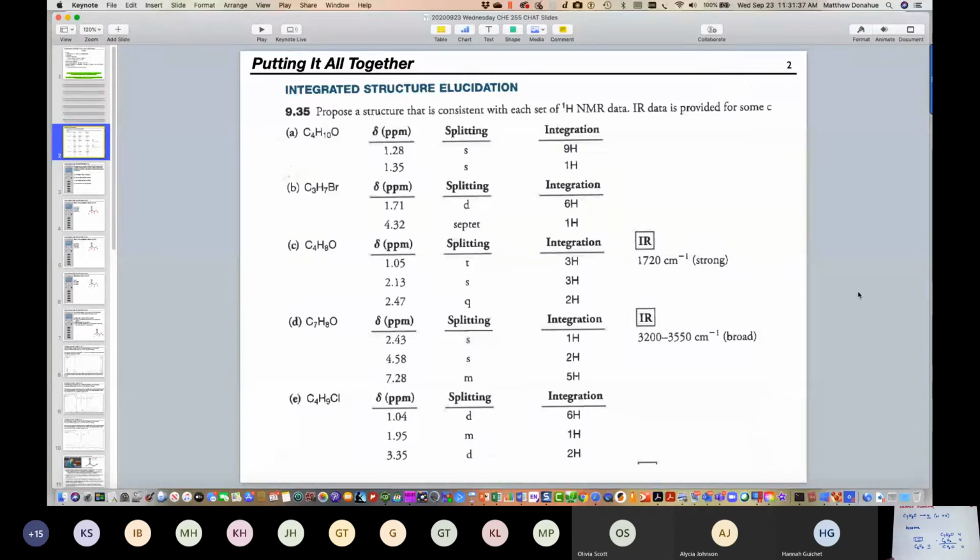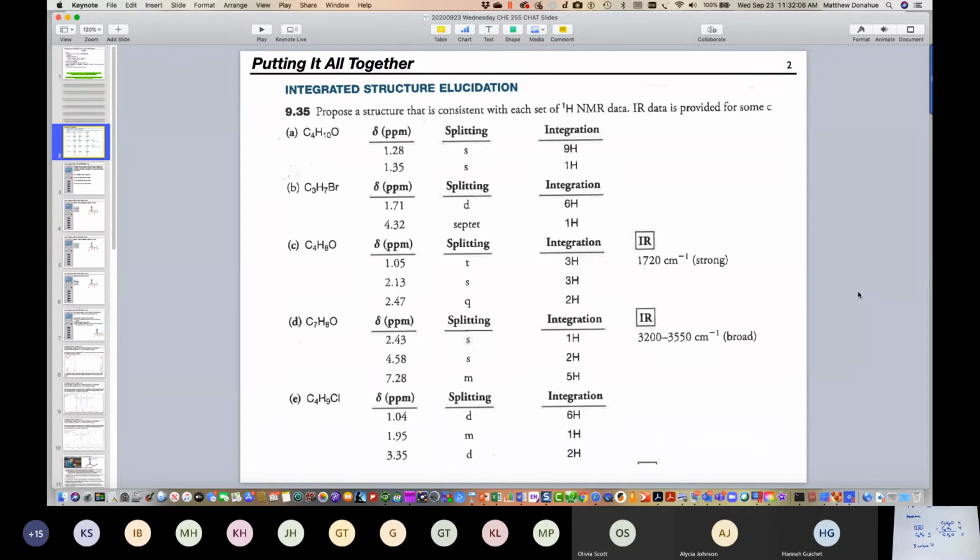How many unique sets of hydrogens do you see in the data? So there's 3 unique sets. Now look at the integrations. Let's ignore the splittings for now.